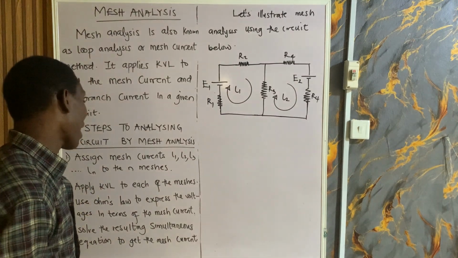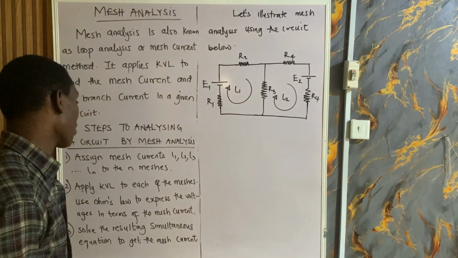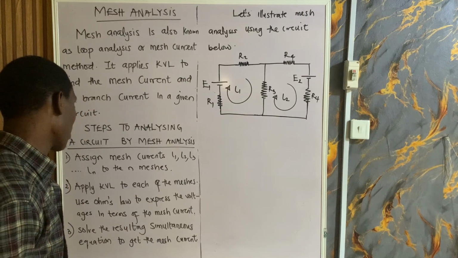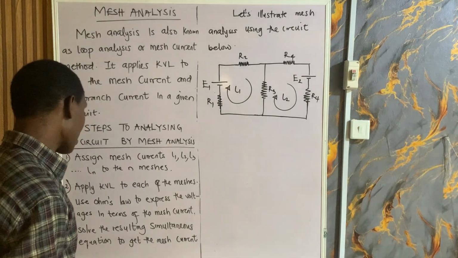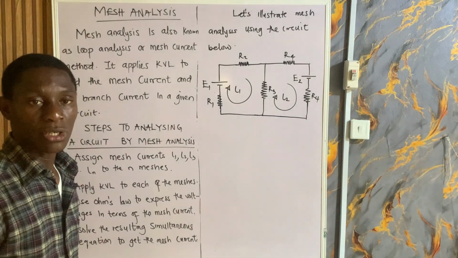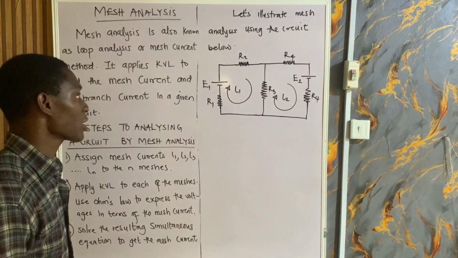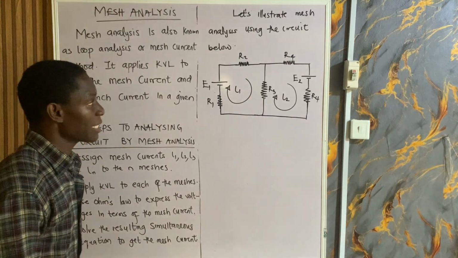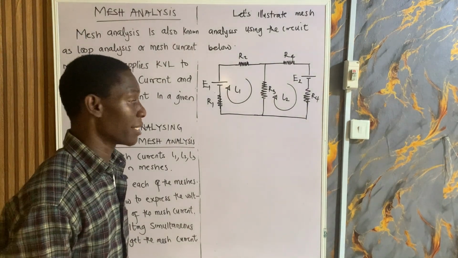Again, apply Kirchhoff's voltage law to each of the meshes, using Ohm's law to express the voltages in terms of mesh current. And then lastly, solve the resulting simultaneous equations to get the mesh currents. After which, if you want to get the branch current, if it's required in the question, then you can do that. Let's illustrate all we are saying here now.